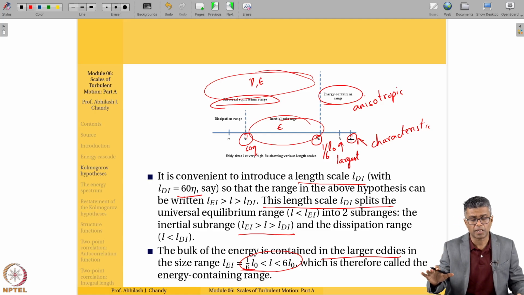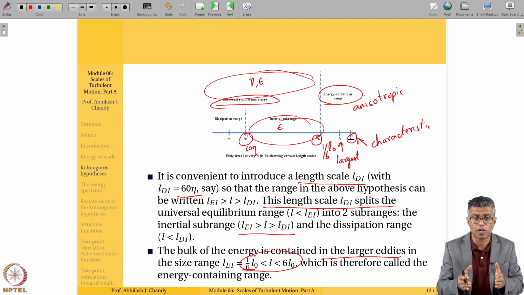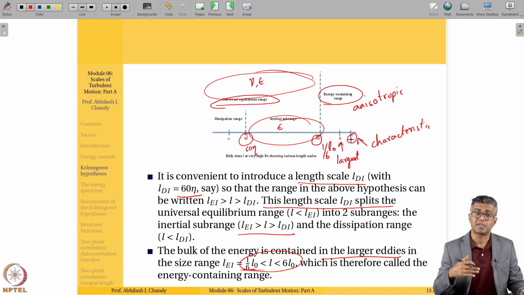So you have the energy containing range, and everything below that is the universal equilibrium range. The universal equilibrium range itself is split into two. The inertial subrange only depends on epsilon, since we are assuming these are scales large enough where the Reynolds number is large, and so viscosity does not play a role.